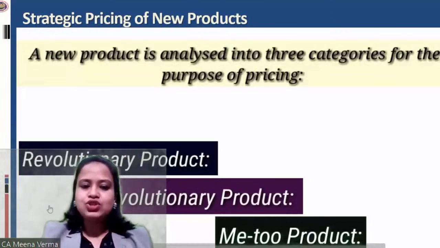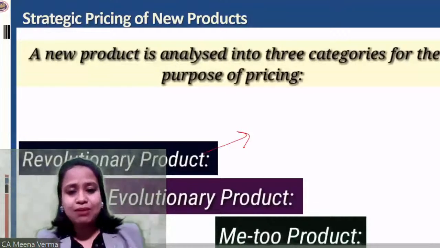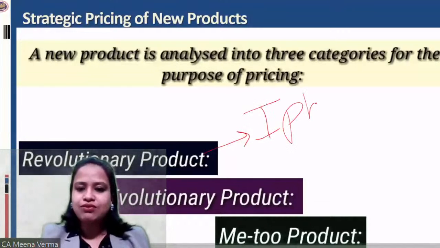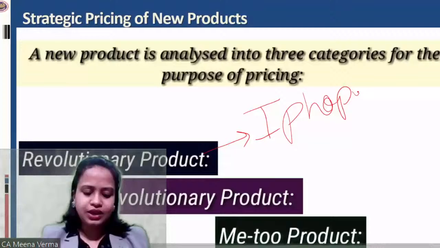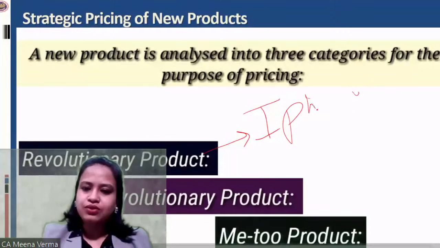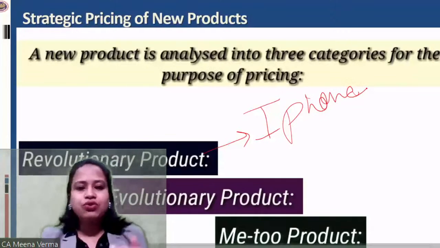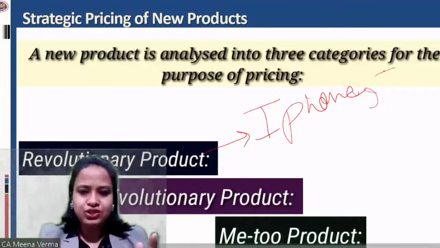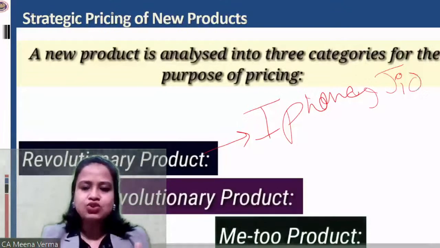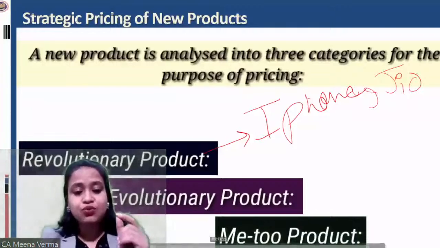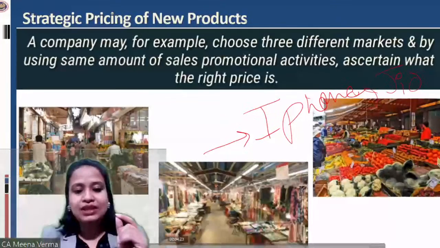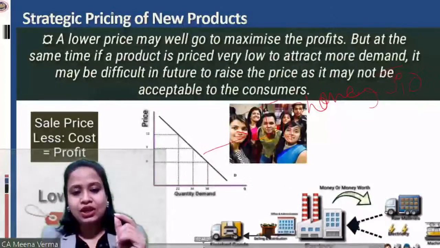Now see, for revolutionary product we have the example of the iPhone and Geo. What is a revolutionary product? A product which changes the way of doing business and brings a revolutionary impact in the lives of the people who are actually working.